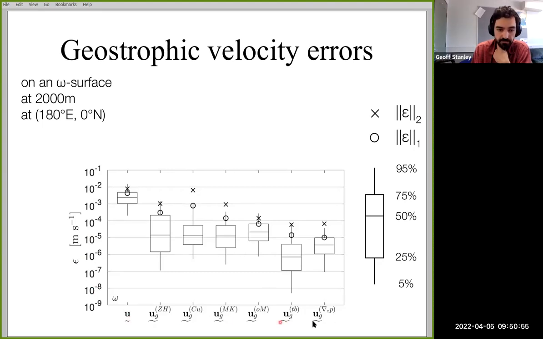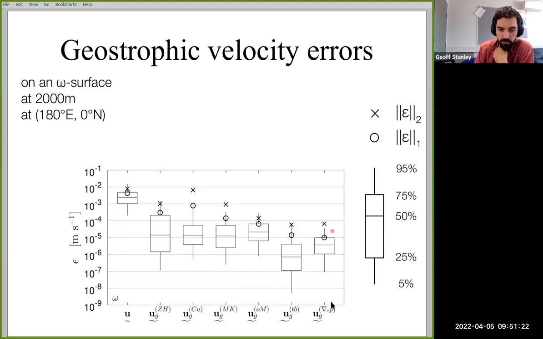This is the true velocity, the ageostrophic plus the geostrophic velocity, so it's quite large. On the other hand, this is the geostrophic velocity estimated using gradients at constant depth. That's different compared to how I've calculated the true geostrophic velocity for these other methods, using the expression with grad P and grad Z along your surface.